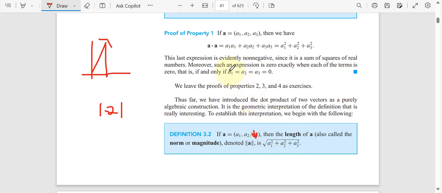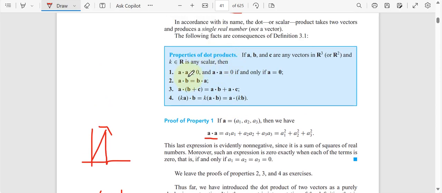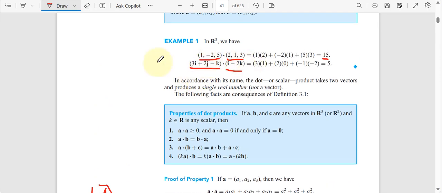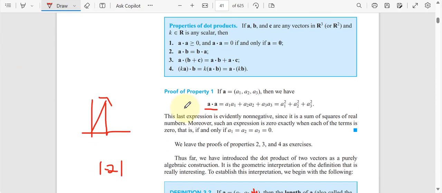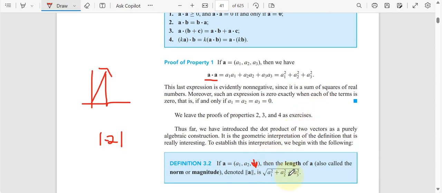However, looking at this, and looking back up here, what was A dot A again? Well, we know what A dot A is because we know how to do the dot product. So if we have A dot A, we get A1 A1 plus A2 A2 plus A3 A3, or A1 squared plus A2 squared plus A3 squared. But that's what we see here, A1 squared, A2 squared, A3 squared.